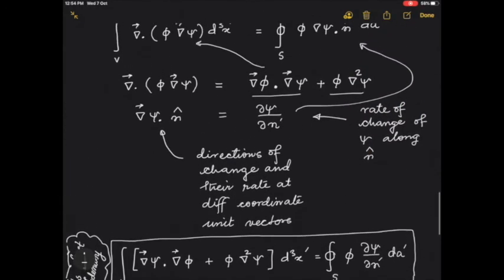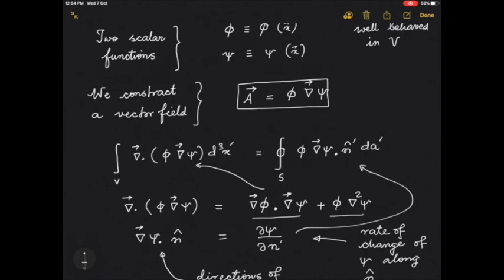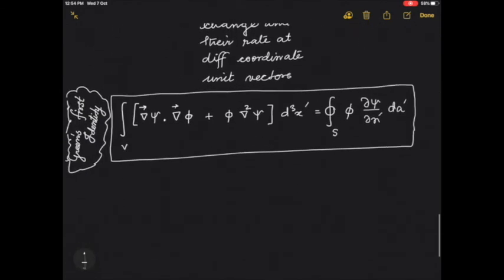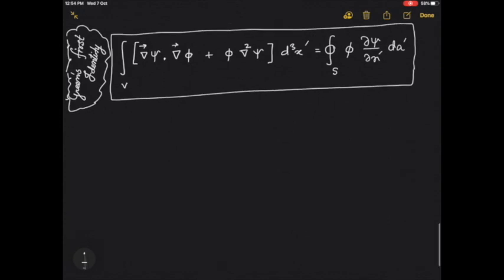Okay. Now, we chose A as phi grad psi. I could have chosen A as psi grad phi also. And you can imagine what will happen if I do that. I will interchange phi with psi everywhere. So let us write it down.